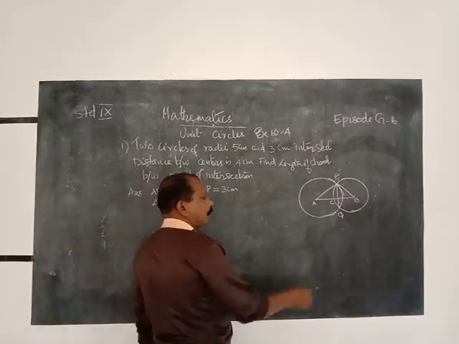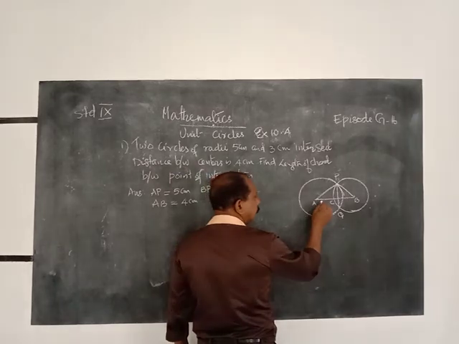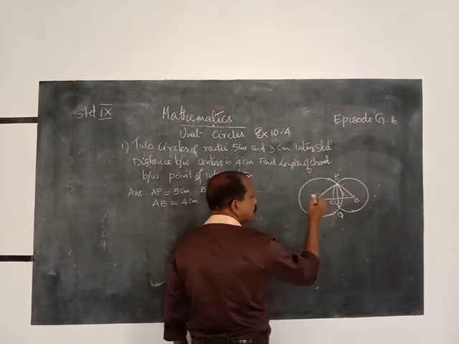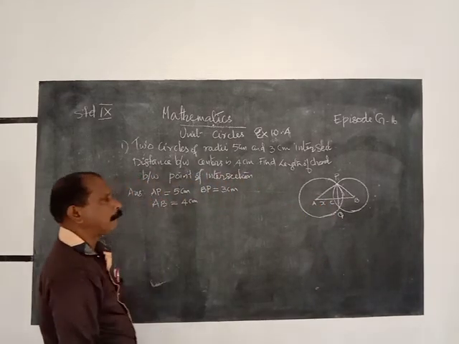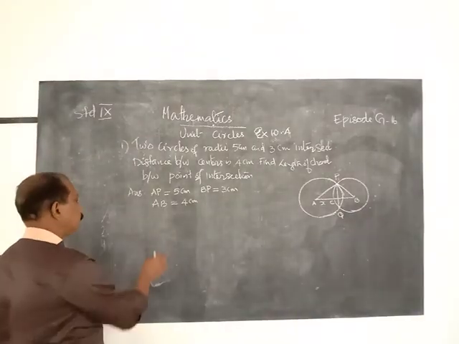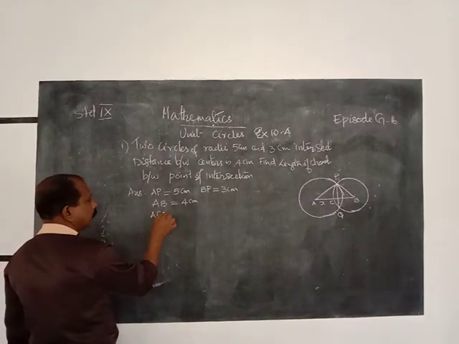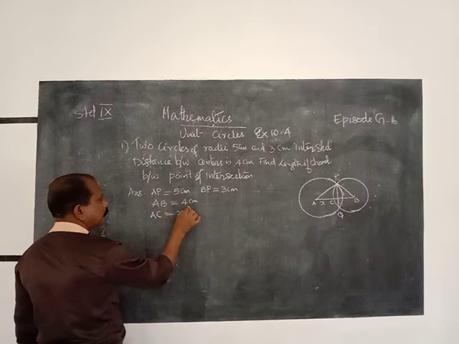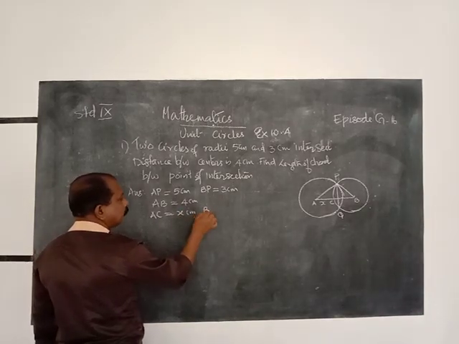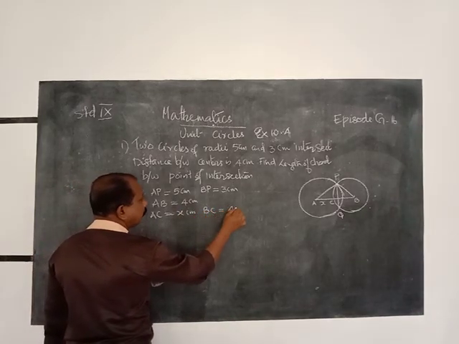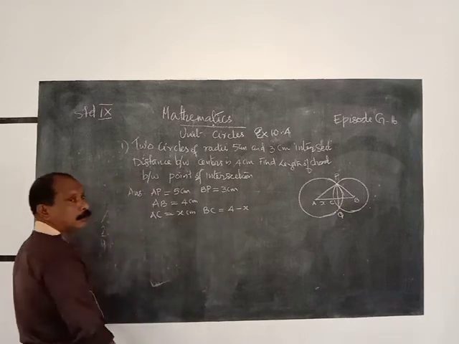Let us assume that AC is equal to x. Therefore, BC is equal to 4 minus x. AC is equal to x centimeters. Therefore, BC is equal to 4 minus x centimeters.